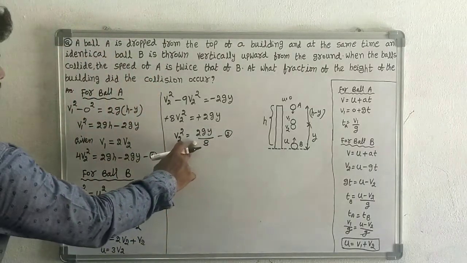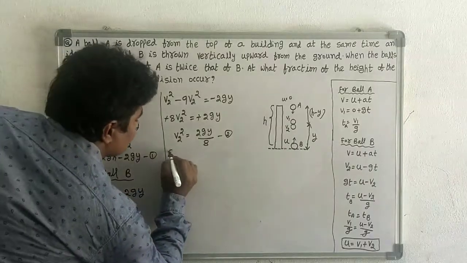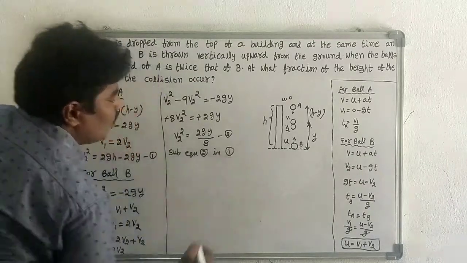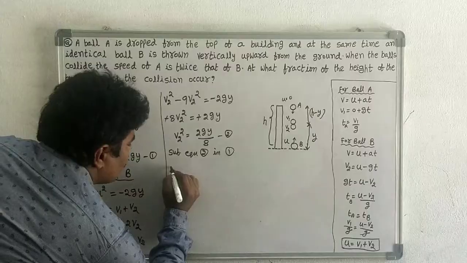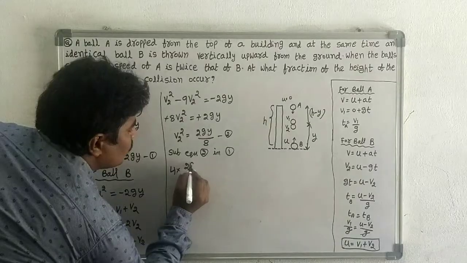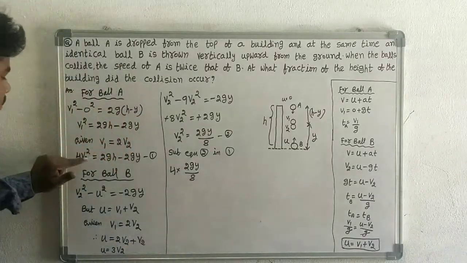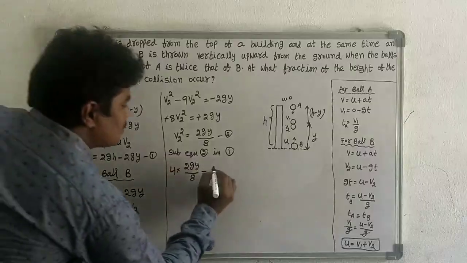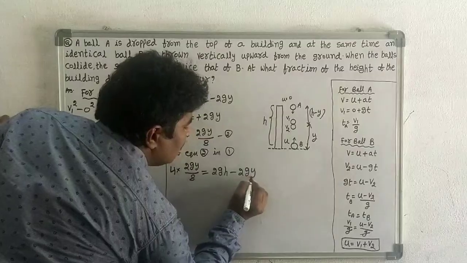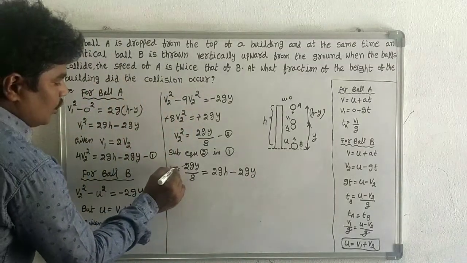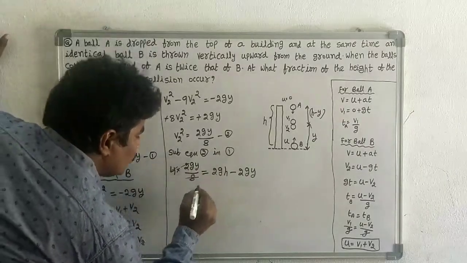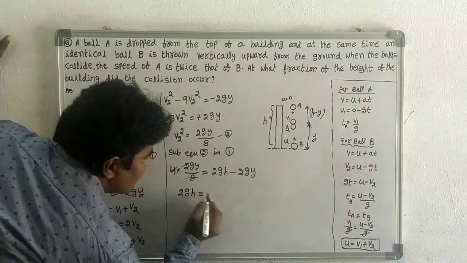Now we substitute equation 2 in 1. We get 4 into v2 square, that is 2gy by 8, is equal to 2gh minus 2gy. 4 twos are 8, this 8 cancels, so gy.